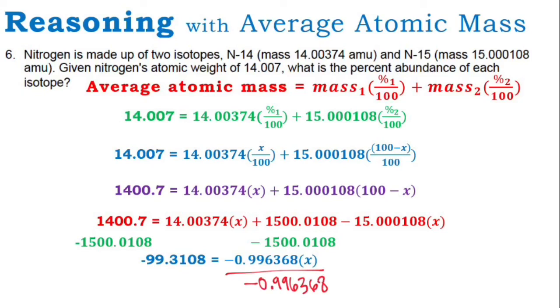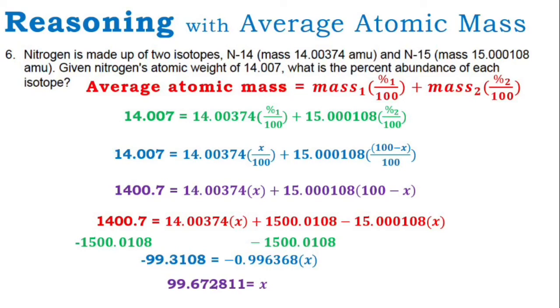And if we do that to this side, then we're doing this to both sides. And that cancels this out to give us x on this side. And if I plug this negative 99 number divided by negative 0.99, then that tells me that my x is equal to 99.6728.